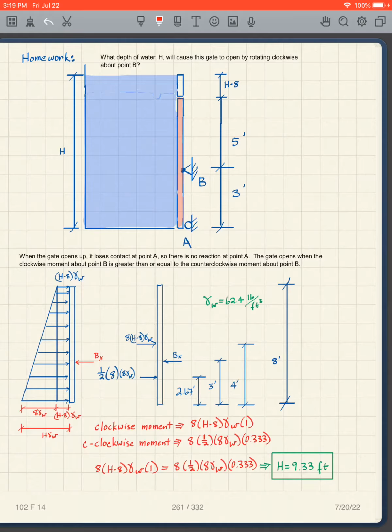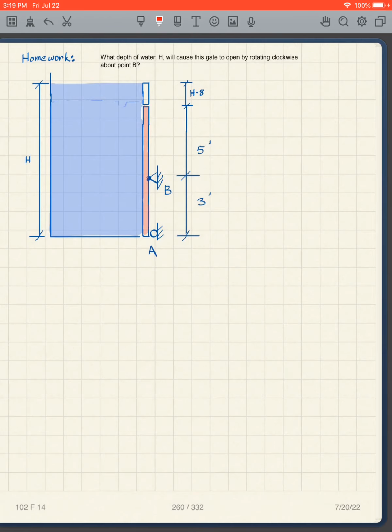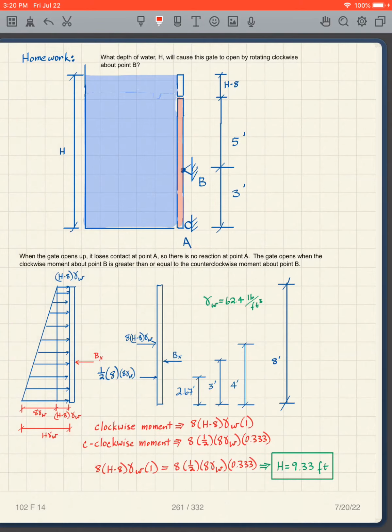So I can take my moments. My clockwise moment is going to be this. Again, we're not having equilibrium here because this gate is about to rotate. Now notice one other comment, and maybe I skipped this. When this gate starts to rotate, just as it starts to rotate, what happens?